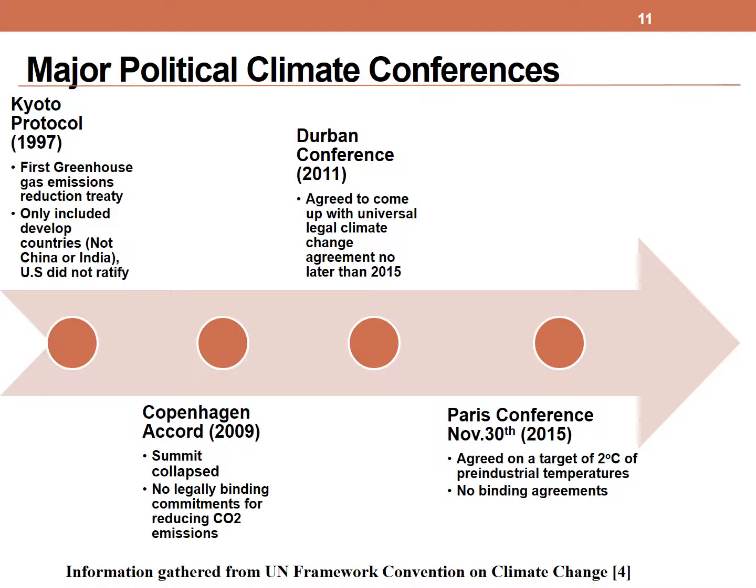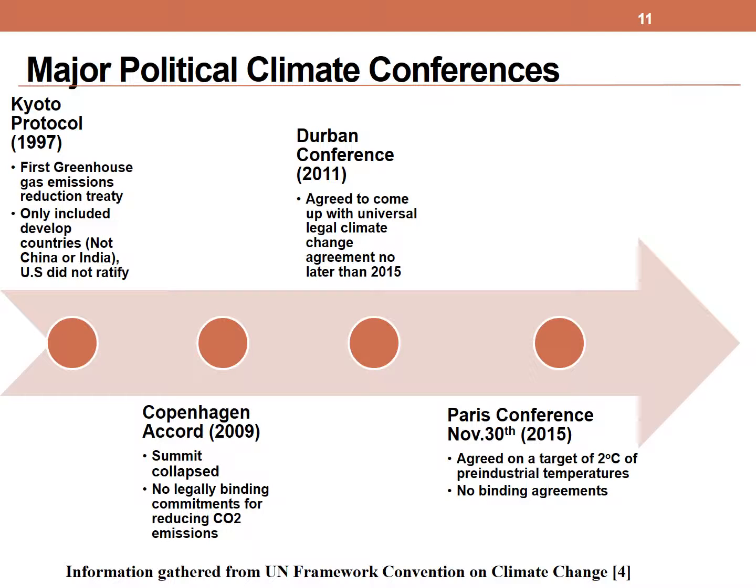Then came the Copenhagen Accord in 2009, and that summit collapsed. No legally binding commitments for reducing carbon dioxide emissions were made, but they had agreed to meet at the Durban conference that took place in 2011. In this conference, there was an agreement to come up with a universal legal climate change agreement no later than 2015, which occurred in Paris on November 30th of 2015.